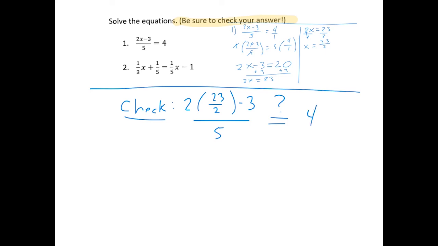So on this left-hand side, the 2's will cancel out, and I just have 23 minus 3 over 5 equals 4. That is 20 over 5. Yeah, well, 20 over 5 does equal 4. So that is indeed the solution to that equation.